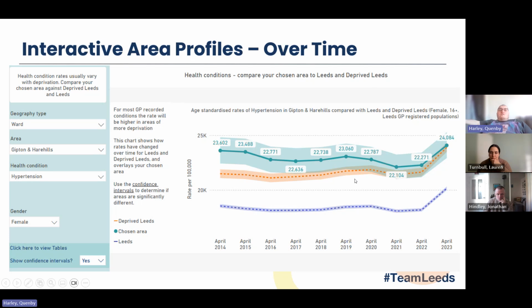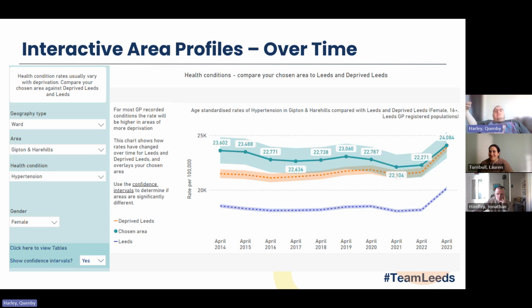But the idea of this is we can compare the trends in an area we're looking at with the trends in Leeds or in deprived Leeds, and that gives us an idea of, okay, is this typical behaviour for the city as a whole, or is something strange going on in this area?